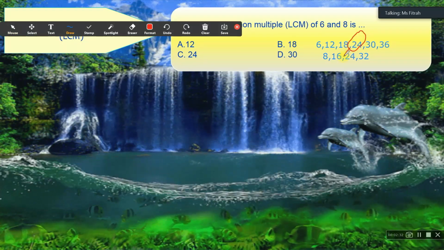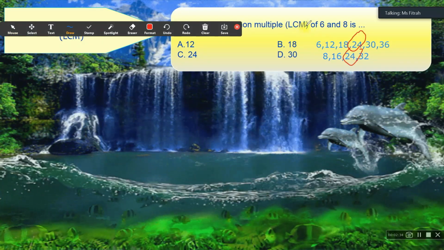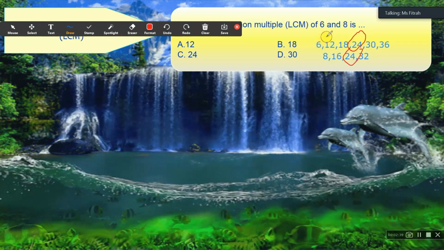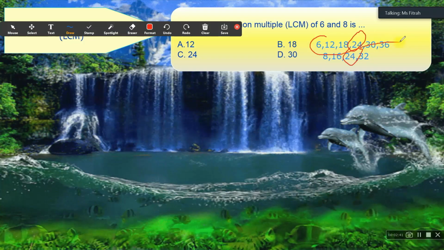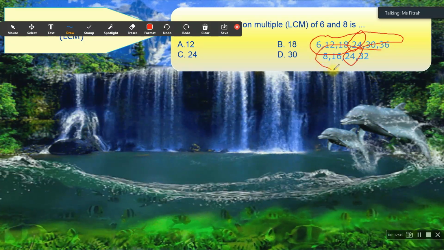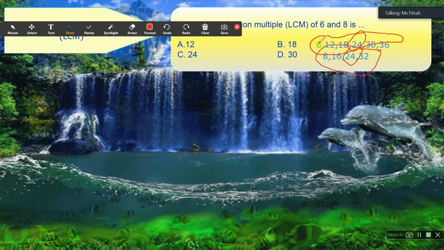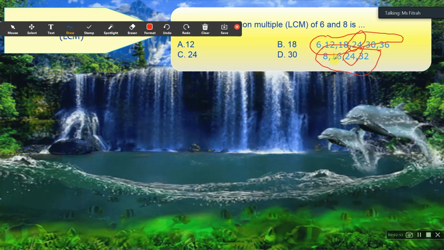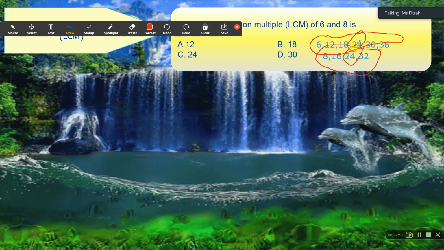24 is the LCM of 6 and 8. Yep. So you must find the multiples of 6 and then find the multiples of 8. After this, look at the multiples of 6 and 8 that have the same number.